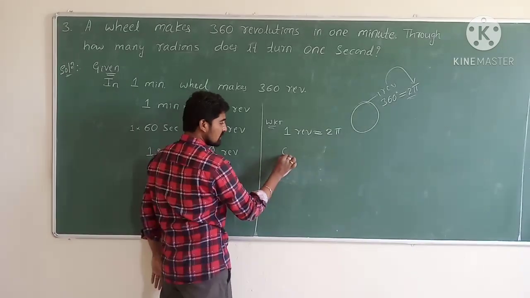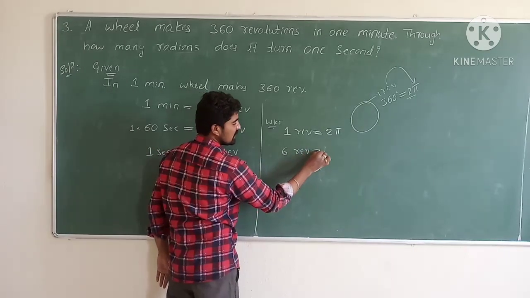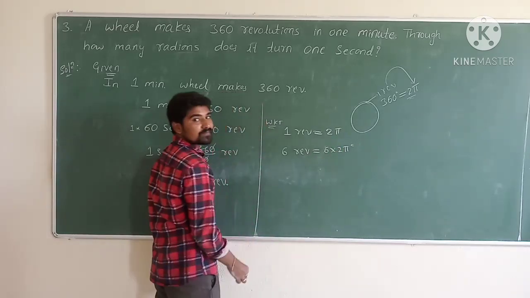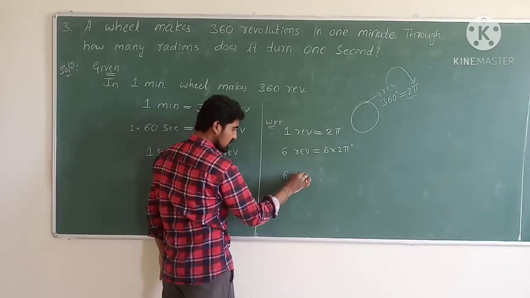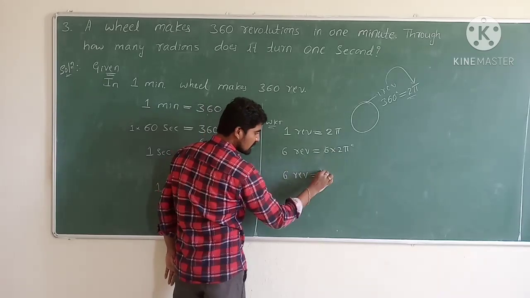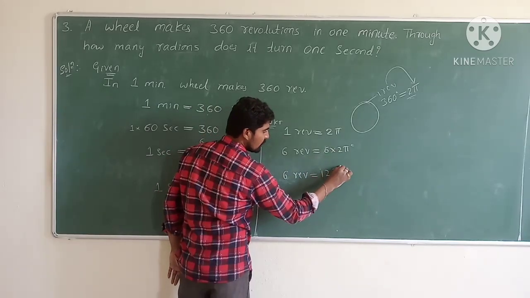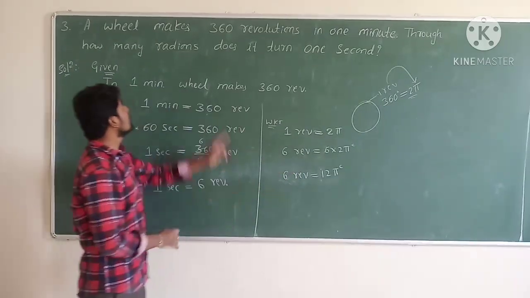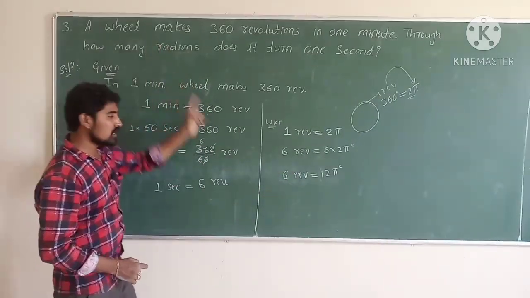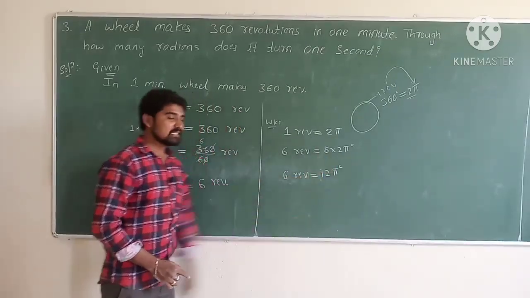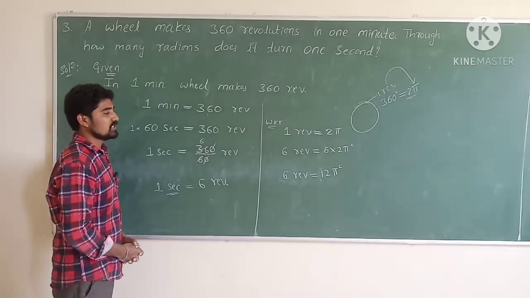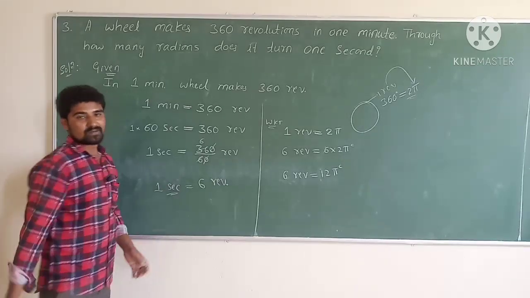Therefore 6 revolutions is equal to 6 into 2 pi radians, that is 12 pi radians. Therefore the given wheel makes 12 pi radians in 1 second. I hope all of you understood. If possible, take a look.